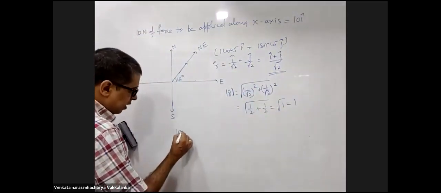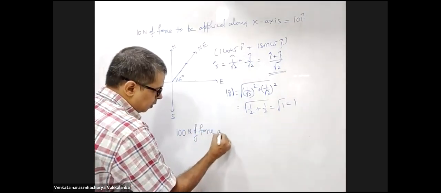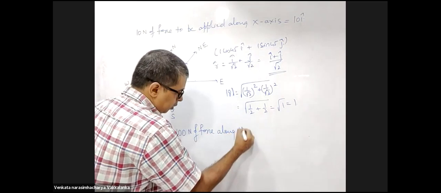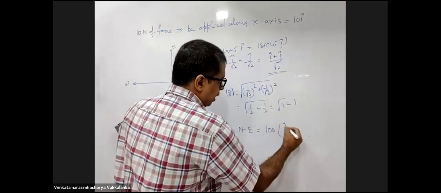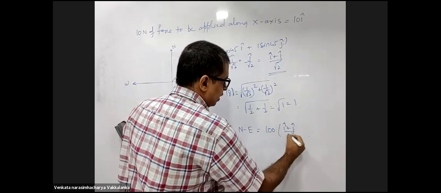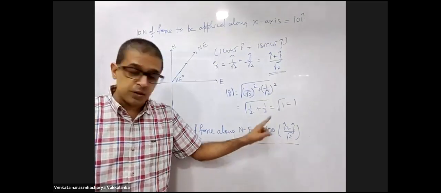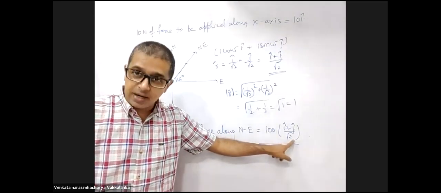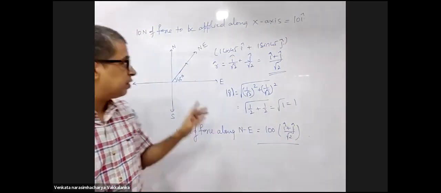Suppose I say 100 Newton of force along northeast. How will I write this? 100 times i plus j by root 2. 100 is the magnitude. This is the direction. Unit vector will specify the direction.